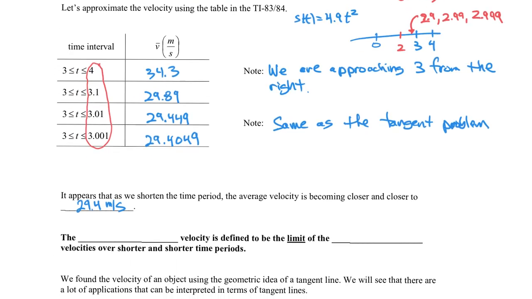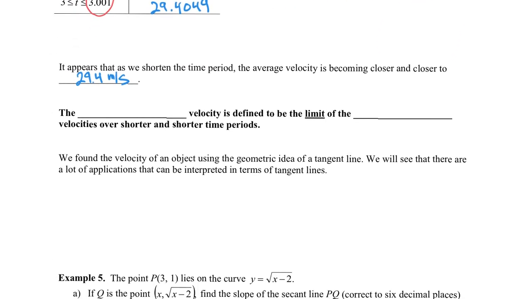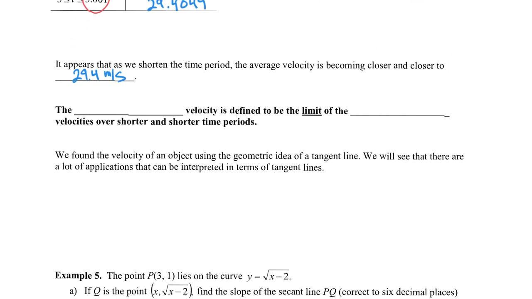And then we've got a little fill in the blank here. And this is in bold print, so it's got to be important, and it is. This says the instantaneous velocity is defined to be the limit of the average velocities over shorter and shorter time periods.